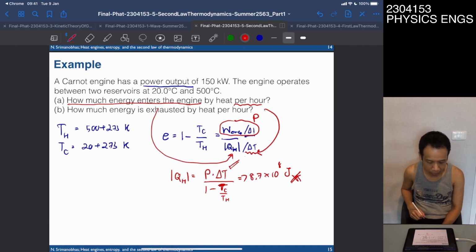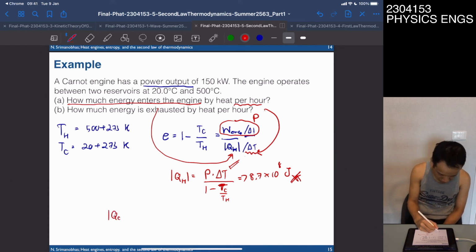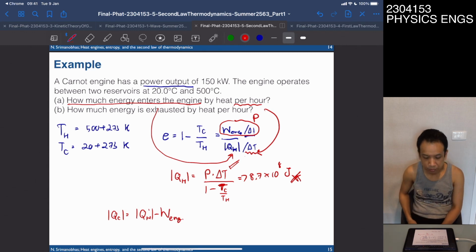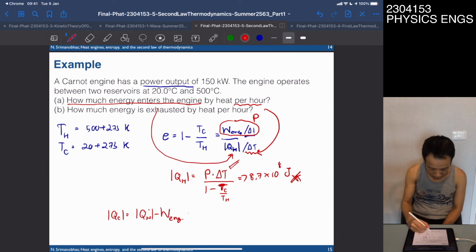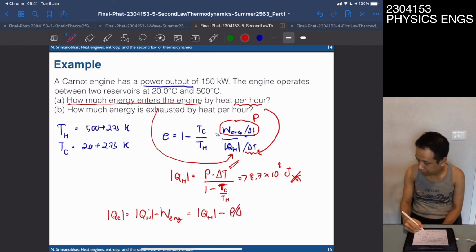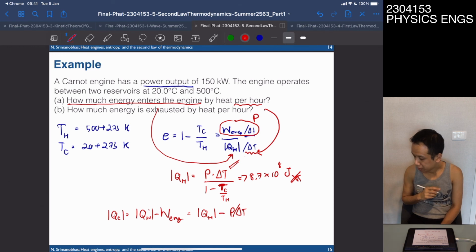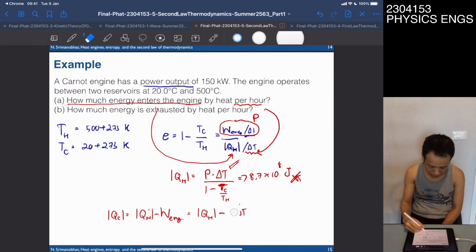Since you already calculated the heat that enters the engine per hour, you have QC equal to QH minus the W of the engine, right? So you have QH minus P times delta T. Sorry, not divided.